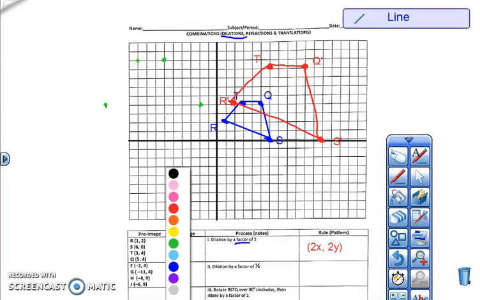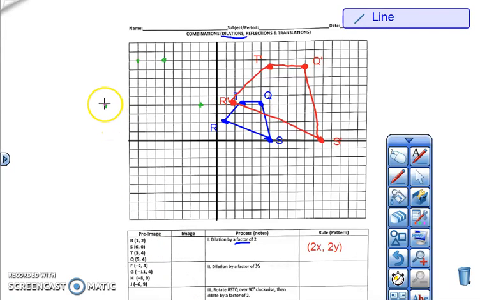Alright, so let's draw the lines. So let's see.